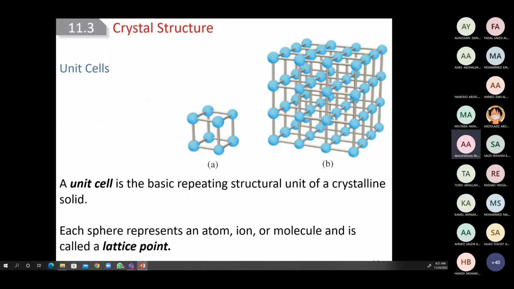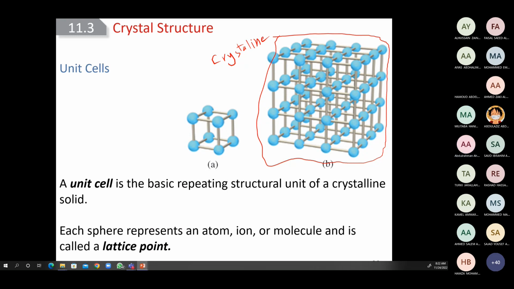Look at this picture. Is this very well organized? Yes. This is crystalline. Crystalline means very well organized. And in the crystalline, we have what's called a unit cell. What's the meaning of unit cell?